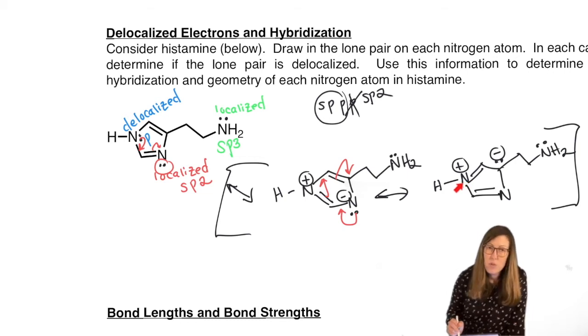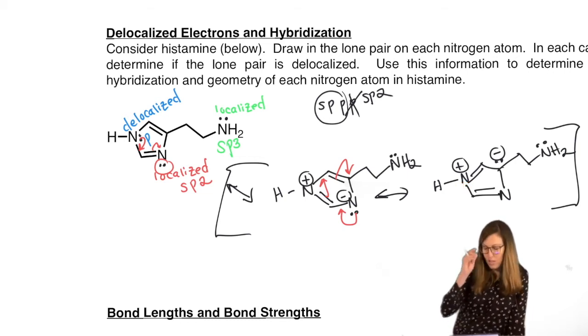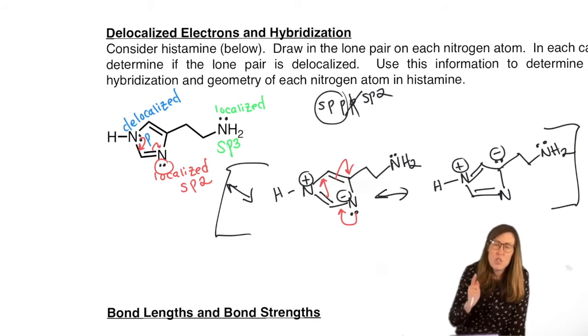So when you see a lone pair, this is a very important exception to the way we assigned it previously. You see a delocalized lone pair, make sure you find out if it's using a p orbital. It needed the p orbital to make that pi bond, right? Look what it did. Those arrows literally said they're making a pi bond.